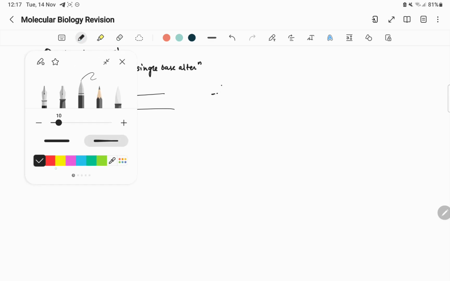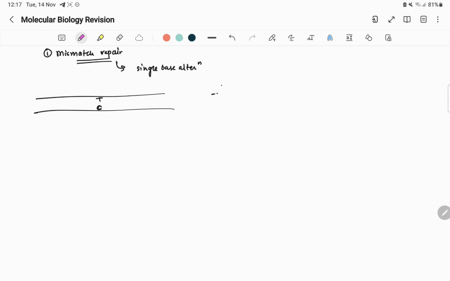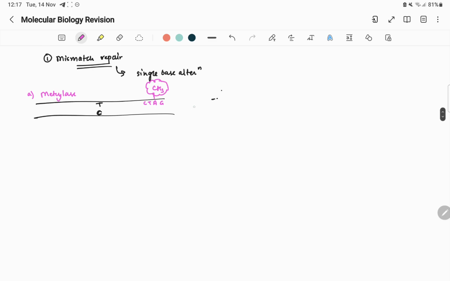So what happens first is that, let's say there is a sequence CTAG here. Then there will be methylation by methylase. Methylase will add this methyl group here. After the methyl group, this will be recognized by MLH and MSH.